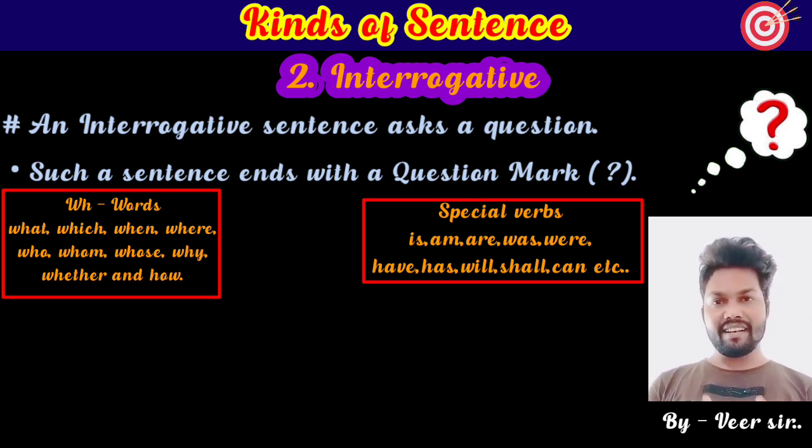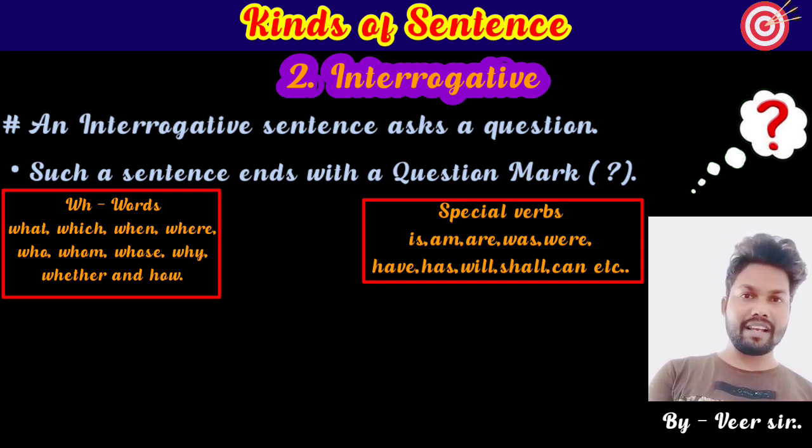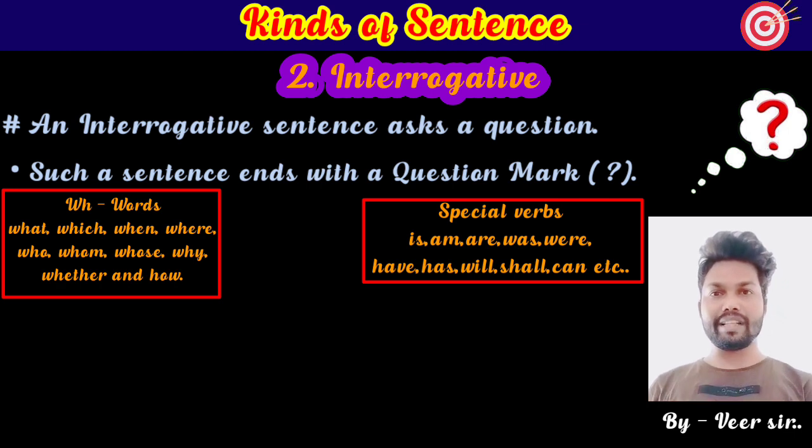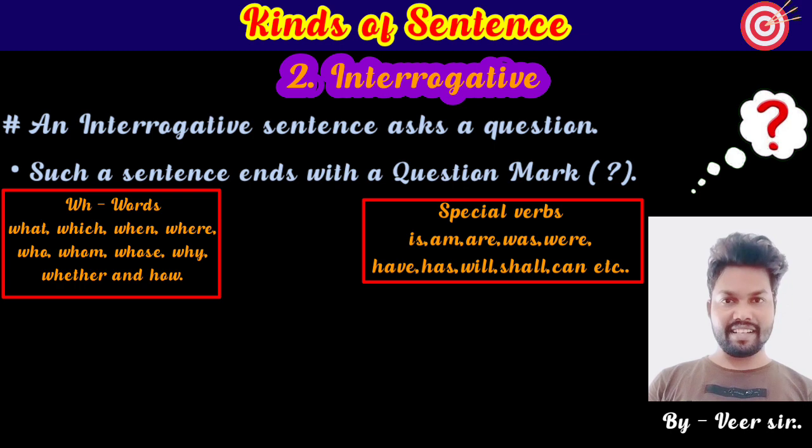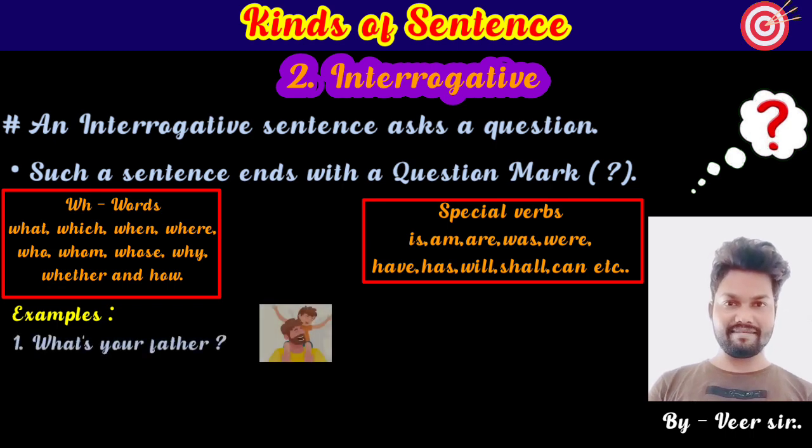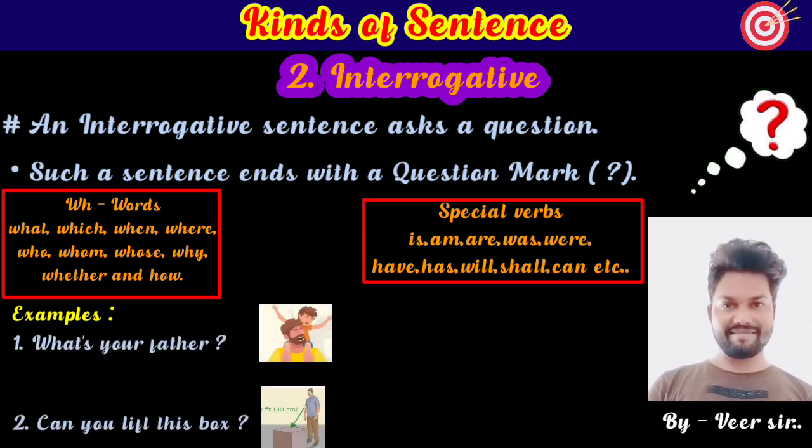So every interrogative sentence ends with a question mark and always begins with a WH word or a special verb. Look at some examples of interrogative sentence. We can say like, what's your father? Can you lift this box?